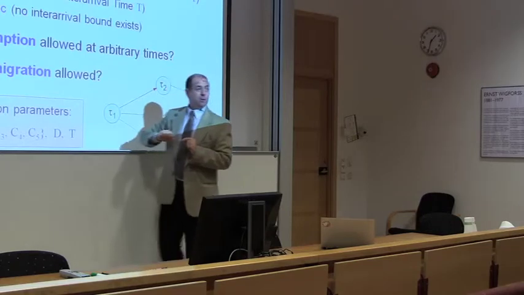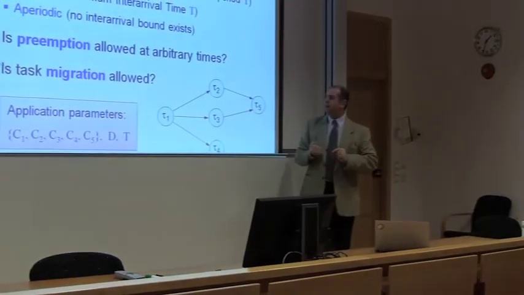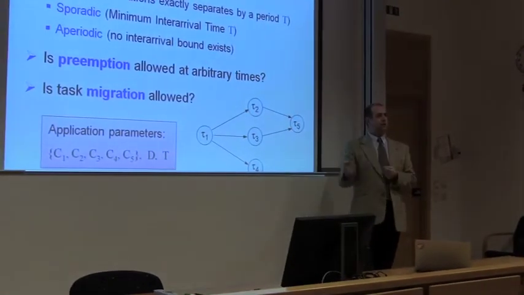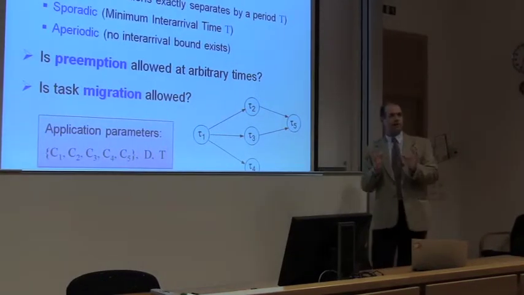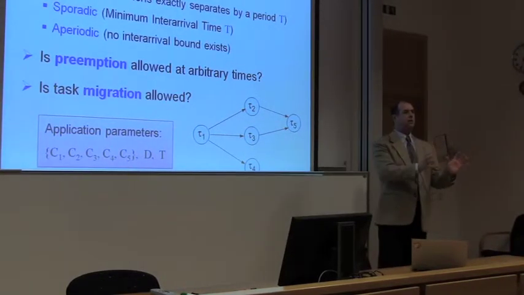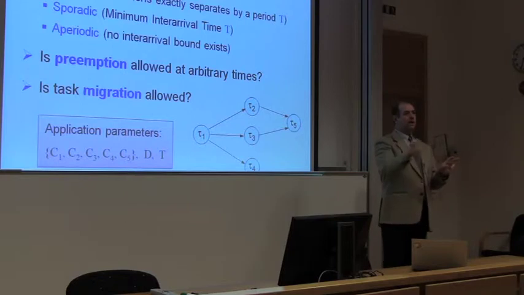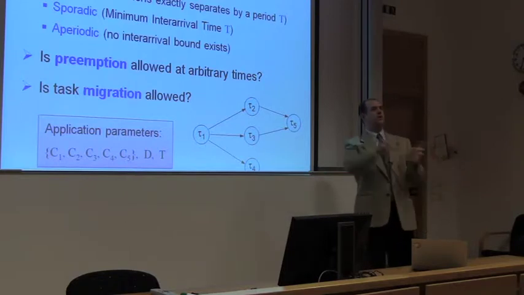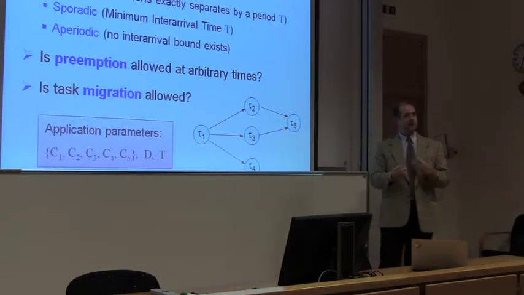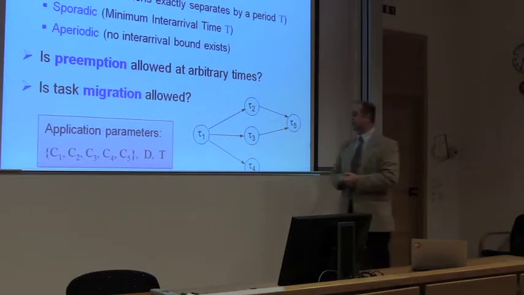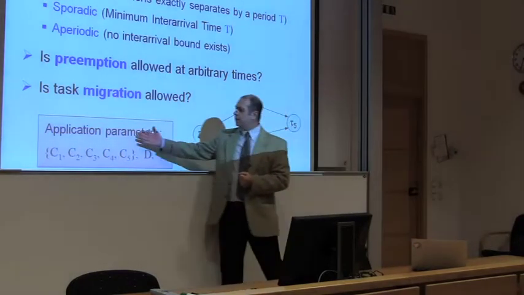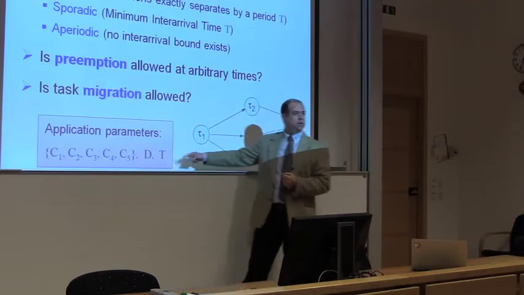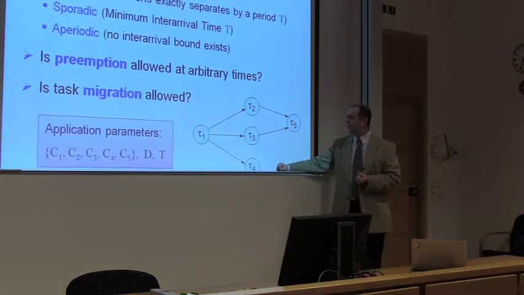Also, another important point for the analysis is whether migration is allowed between processors. So basically, you perform a static allocation, or you allow tasks to move from one processor to another. This makes a big change in terms of analysis. And then you have to provide also a number of parameters in order to make the analysis.